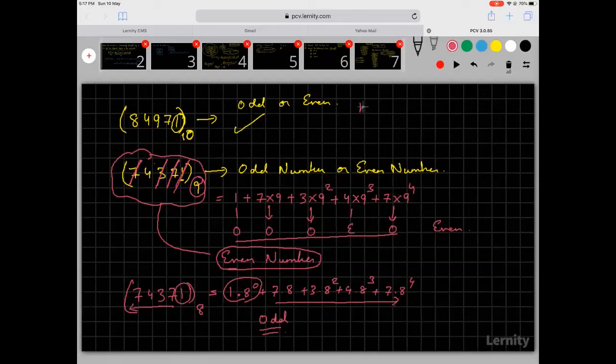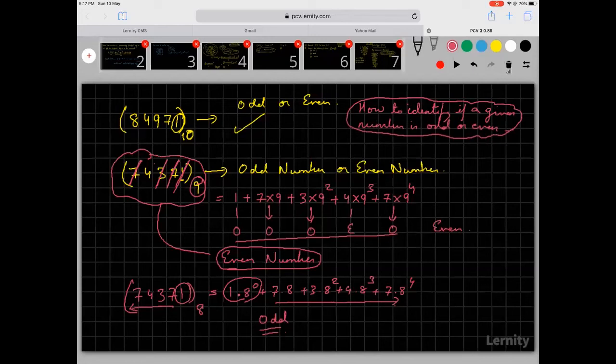How to identify if a given number is odd or even? It depends on the base.